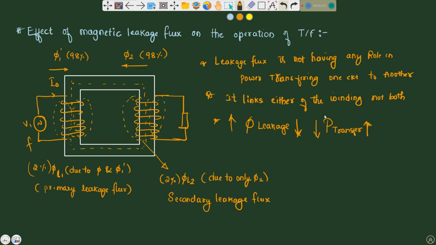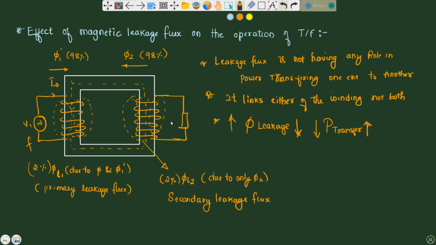This you should understand. Magnetic leakage flux at primary and secondary increases with the increase in the load current, but it is independent of the applied voltage. Understood? The magnetic fluxes available at primary and secondary are in phase with the respective currents, here I1 dash, and here I2, likewise.